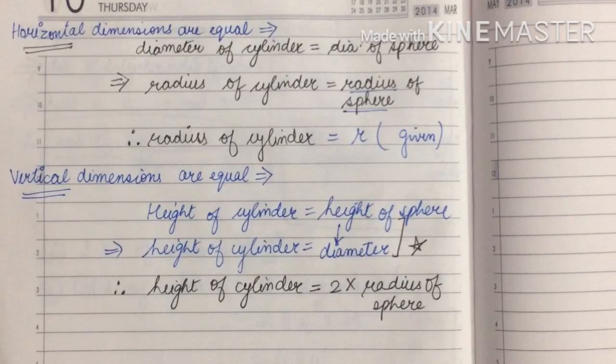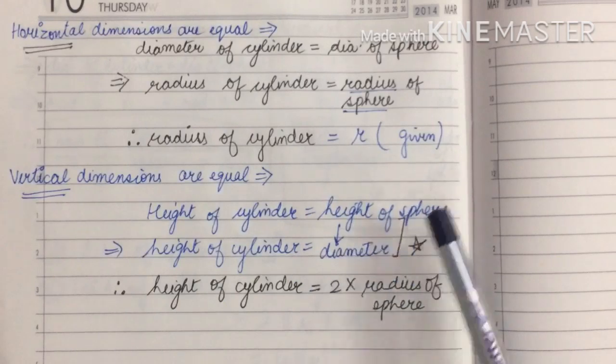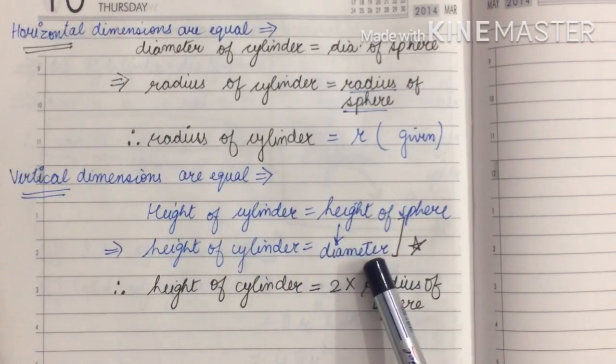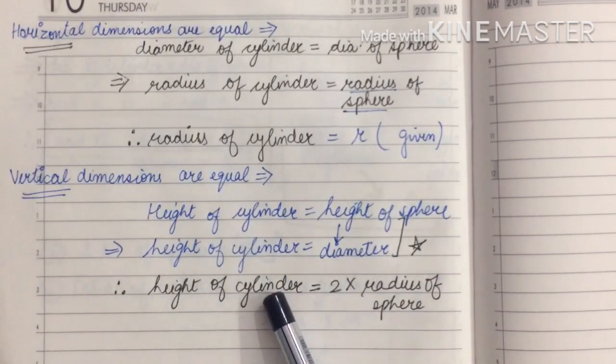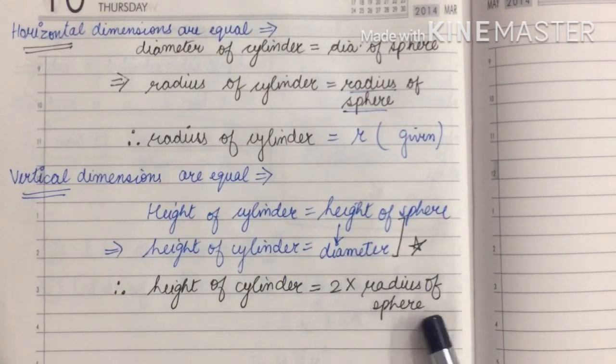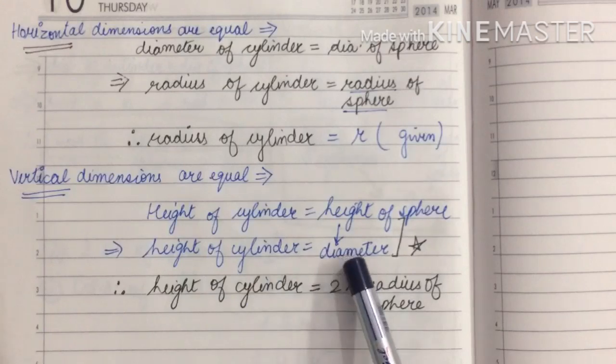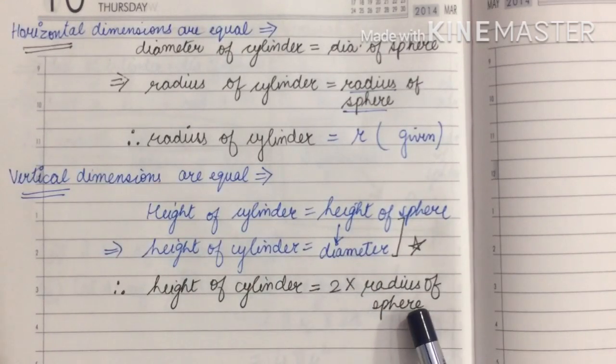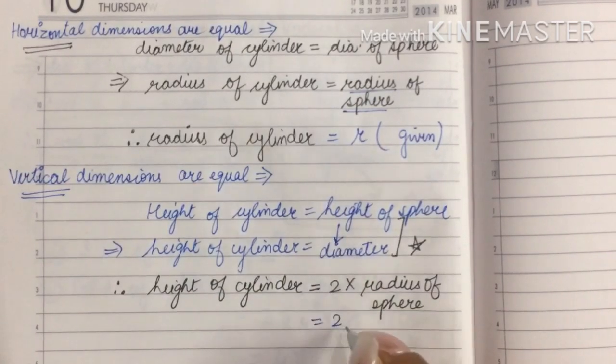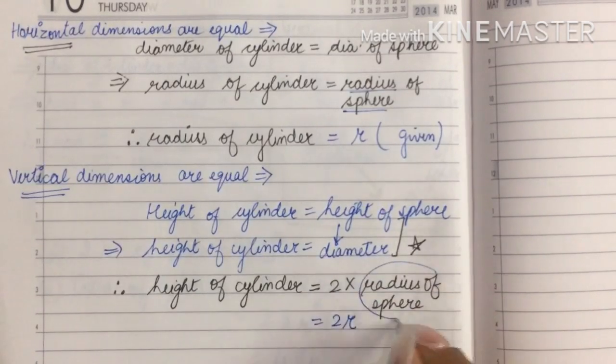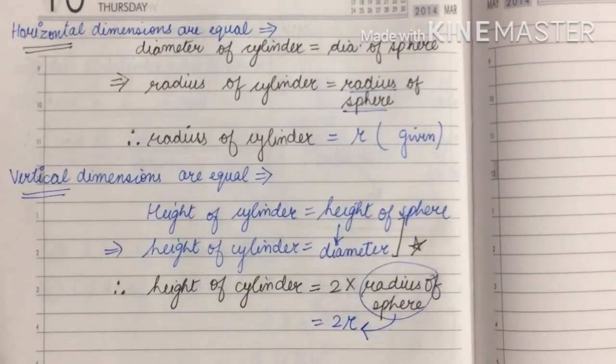So if we have to measure from one extreme point to the other extreme point opposite to it, the measurement will be given by the diameter. So the height of sphere will be represented by the diameter. Hence, the height of cylinder equals 2 into radius of sphere. Why? Because the diameter equals 2 into radius. So this becomes 2r because the radius of sphere is r.